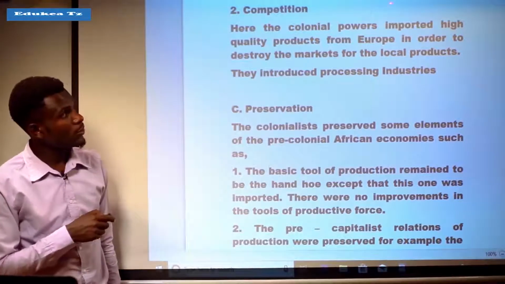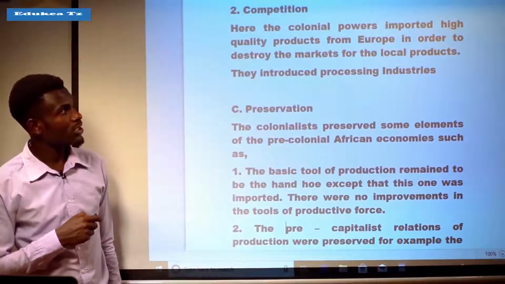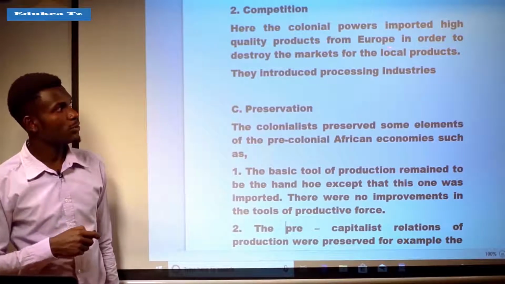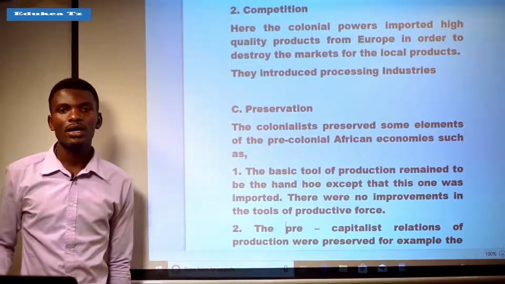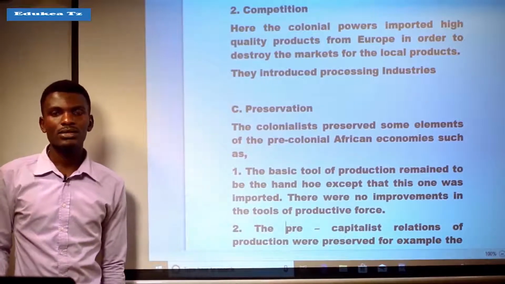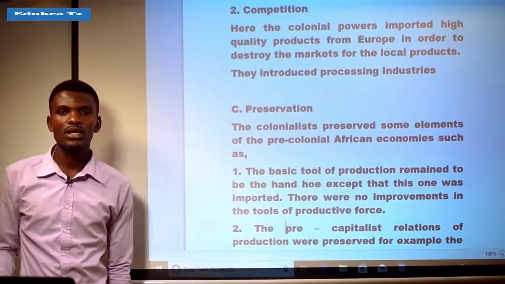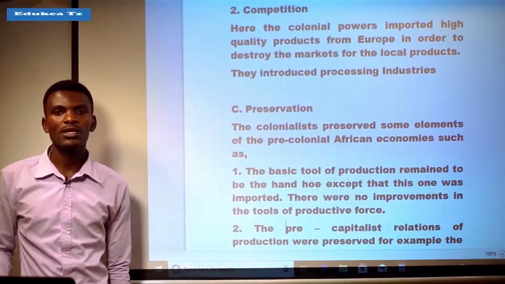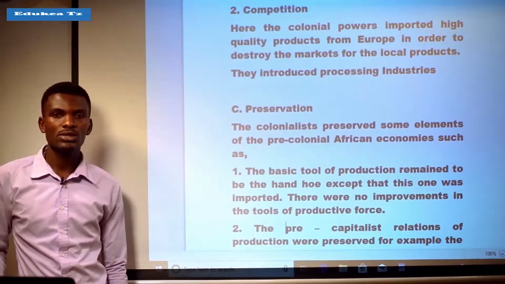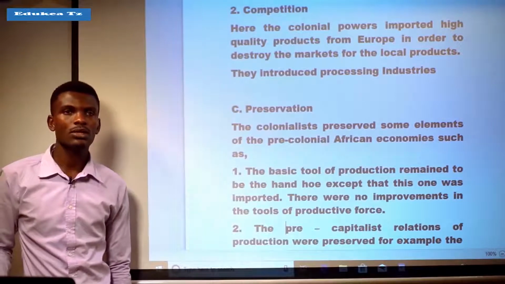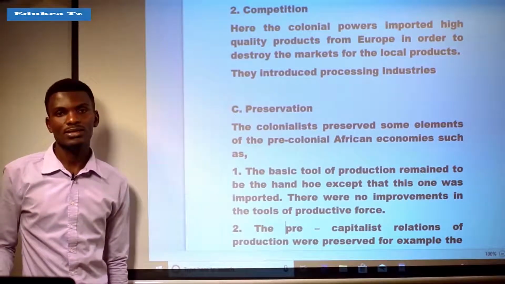Here, the colonial powers imported high quality products from Europe in order to destroy the markets for the local products. Meaning here, the Africans' products were competing with the European products. The Europeans highly imported European manufactured goods that were competing with the local products in Africa.